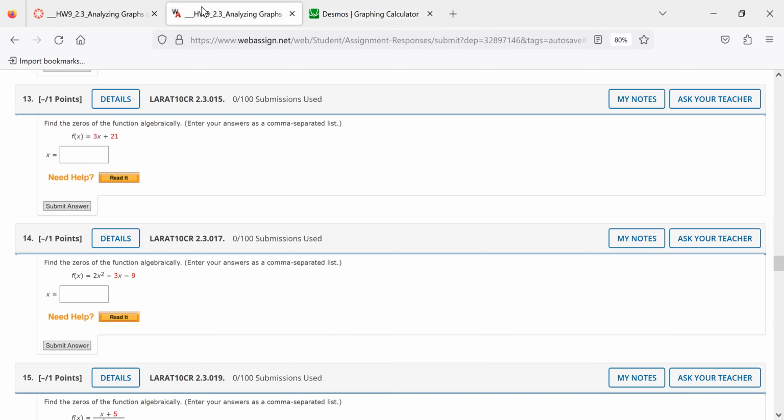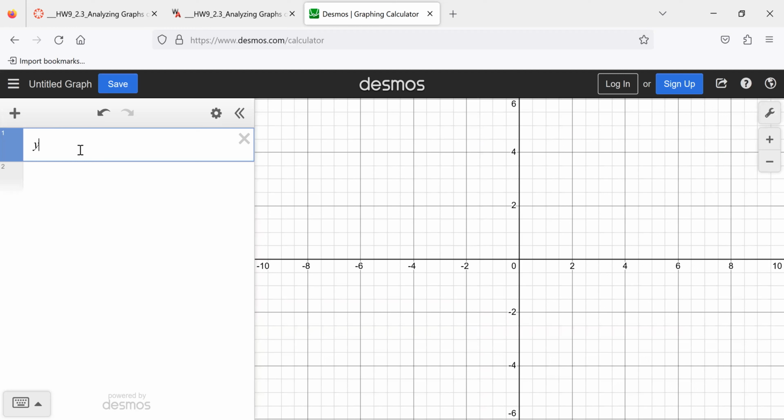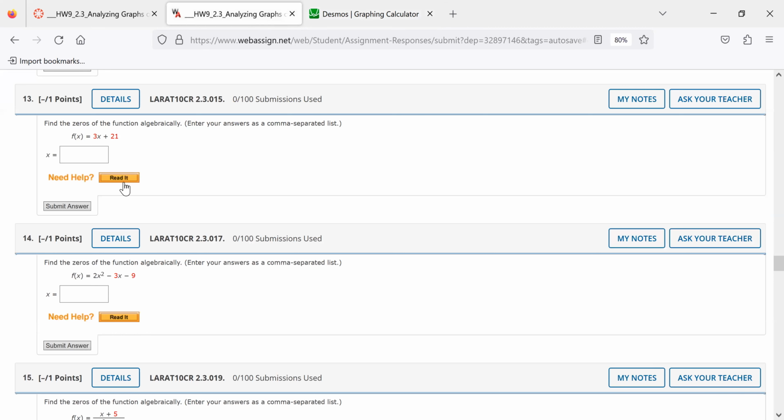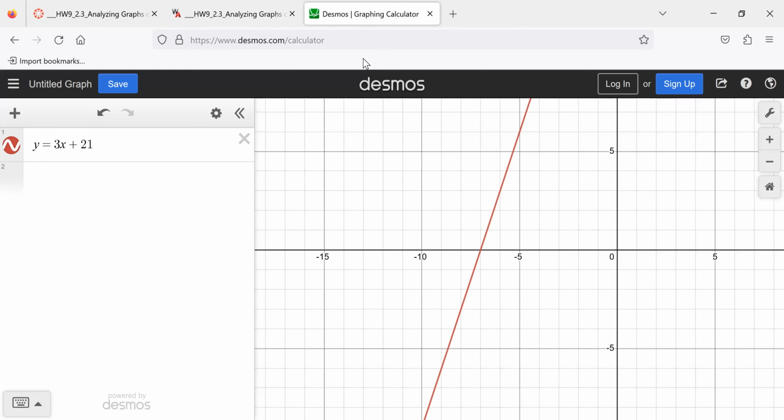All right, so our question was y equals 3x plus 21. This is final algebraic. So we can check our answer by just graphing it. But solving it, we just gotta do a little bit of algebra. It's not a big deal.